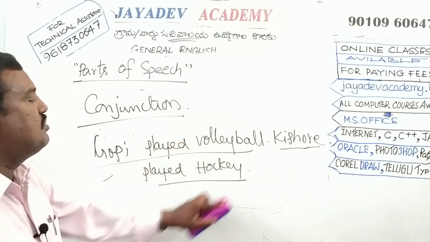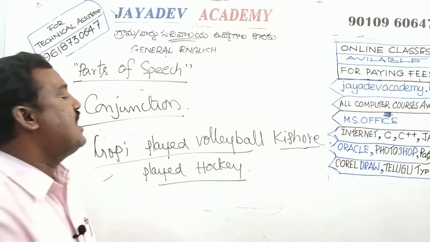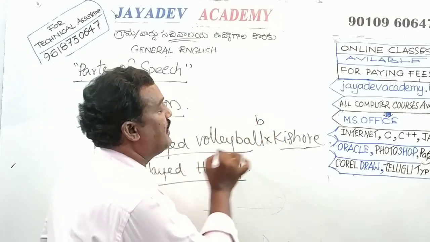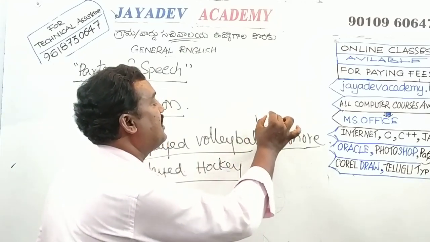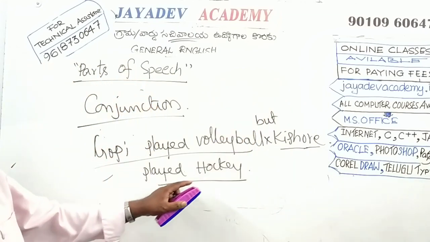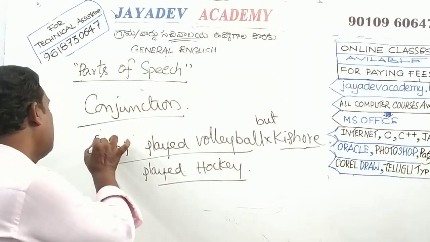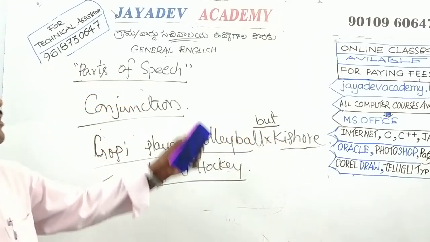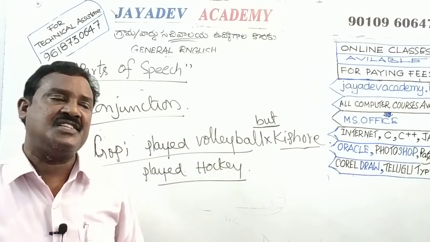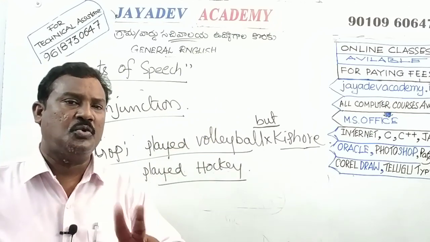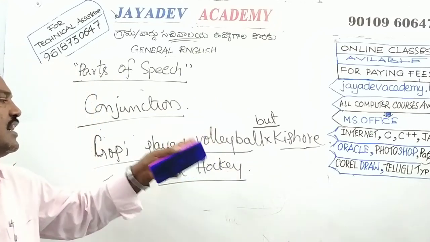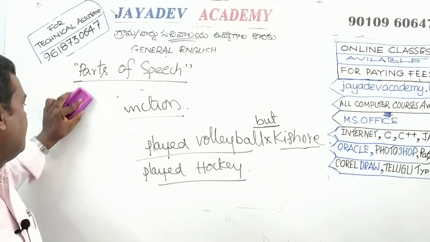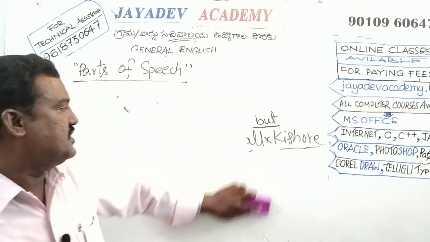Gopi played volleyball, but Kishore played hockey, a different game. So here two sentences are joined by a conjunction. So a conjunction can join two words, two phrases, two clauses, and two sentences. That is the function of conjunction.